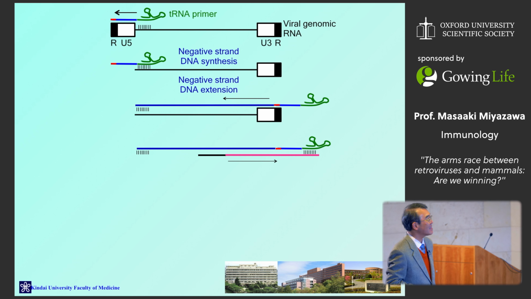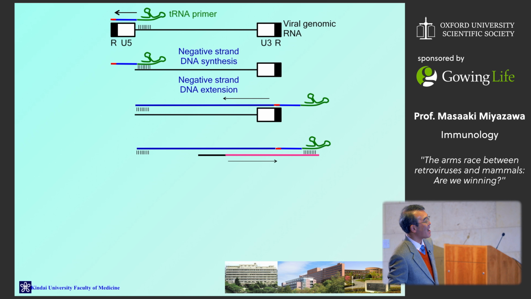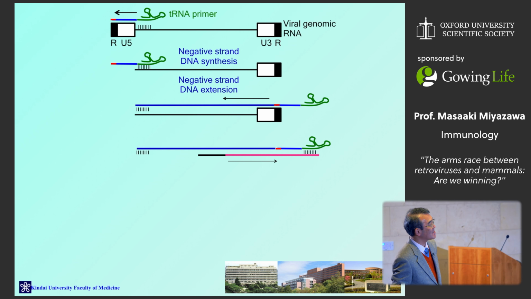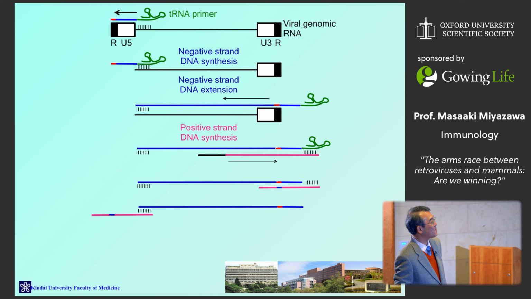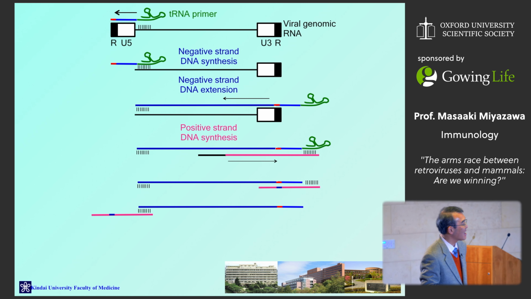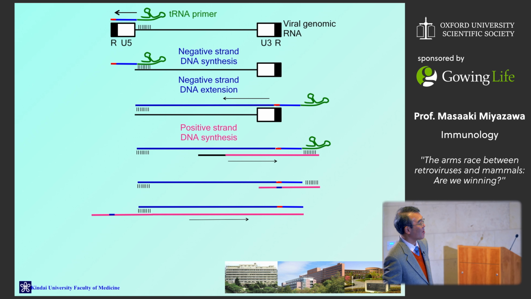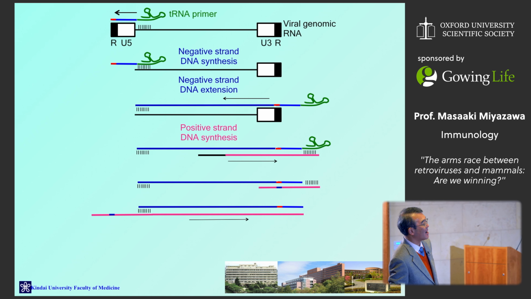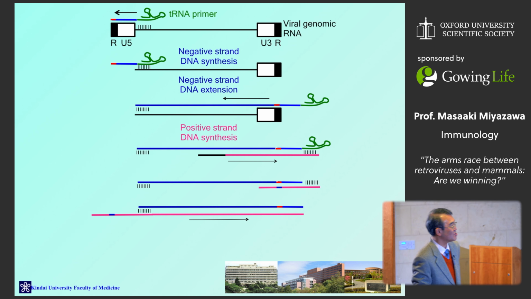And when the positive strand is extended to the primer RNA, it produces the primer binding sequence here, and this positive strand jumps again back to the 5' primer binding sequence, and from there, the positive DNA strand is extended all the way down to the 3' end of the viral genome.